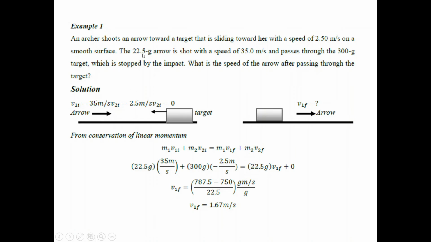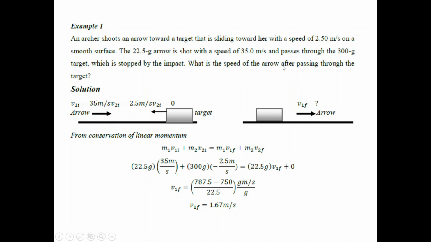So the arrow has a mass of 22.5 gram and is shot with a speed towards the right direction of 35.0 meters per second. It passes through a 300 gram target, which is stopped by the impact. The arrow penetrates and passes through. So after it passes, the speed of the target is 0.